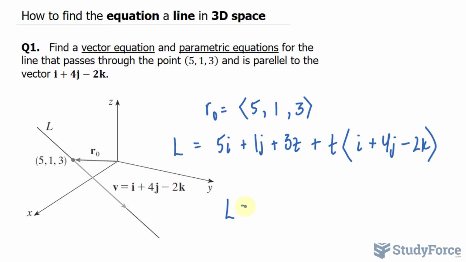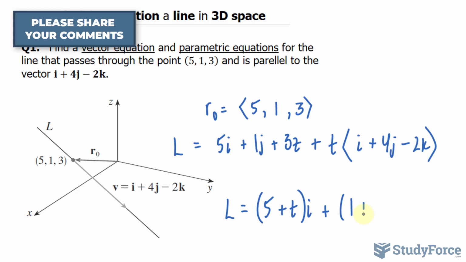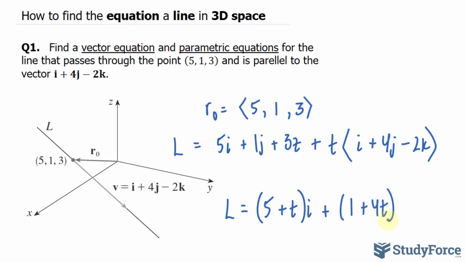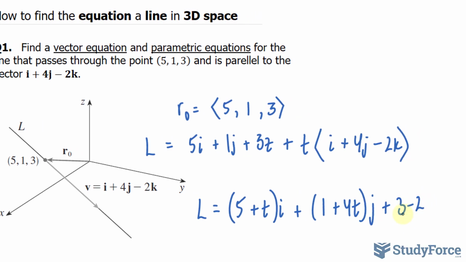So I have L is equal to 5 plus t in brackets i plus 1 plus 4t, and beside it we'll write down j, plus 3 minus 2t k. So whether you represent it like this or like this, either will work as your vector equation.